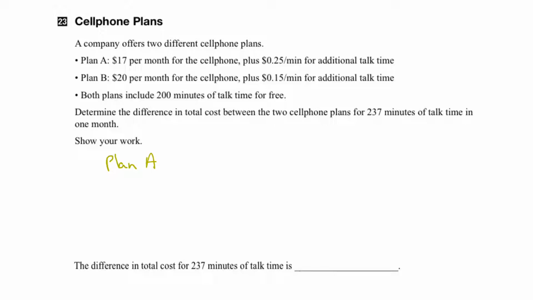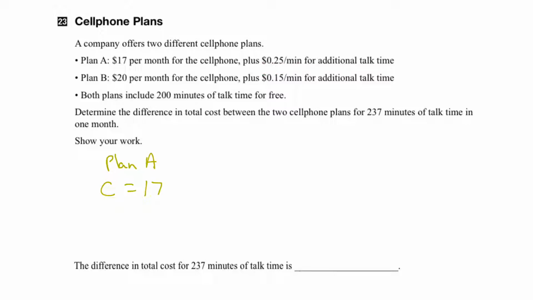We can see that Plan A is $17 per month plus 25 cents per minute for additional talk time. Well, if I let C be the total cost, it's going to equal the $17 per month, so we write that as 17, plus the 25 cents per minute.